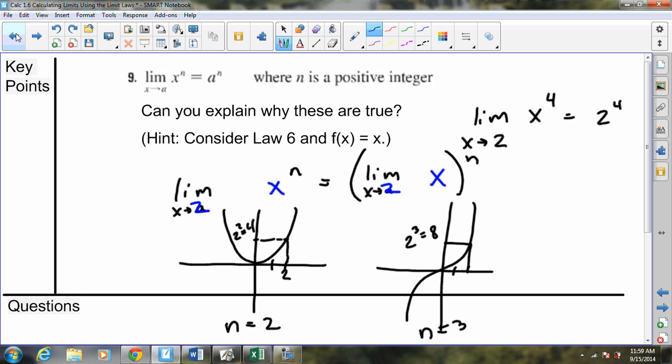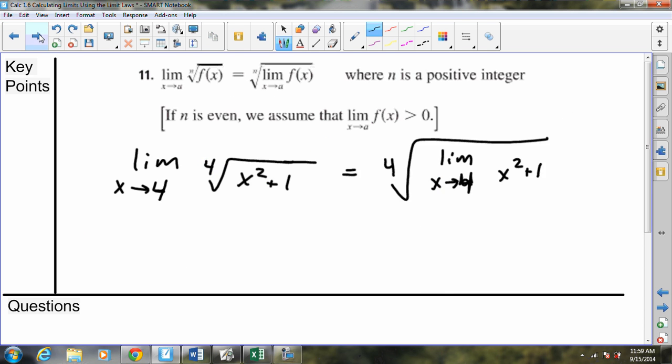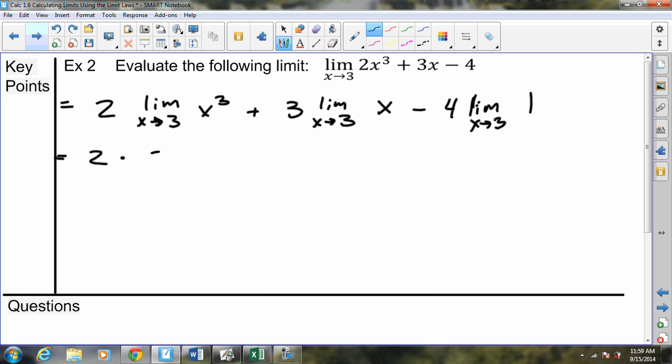We can replace the x with the constant that it's approaching and simply say that's 3 cubed. Then we'd have 3 times, well, 3 can replace the x, minus 4 times, there is no x to replace, so it's just a 1, and we can crunch our numbers.